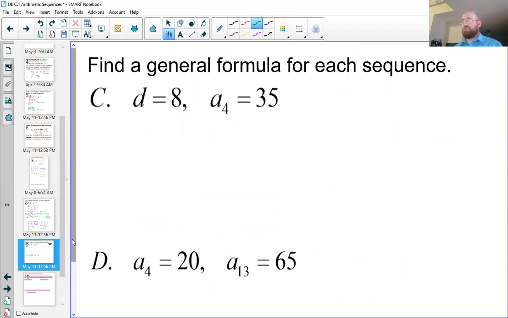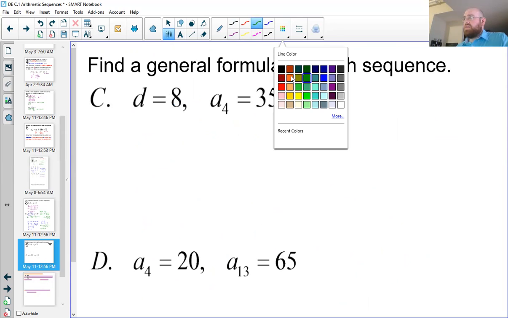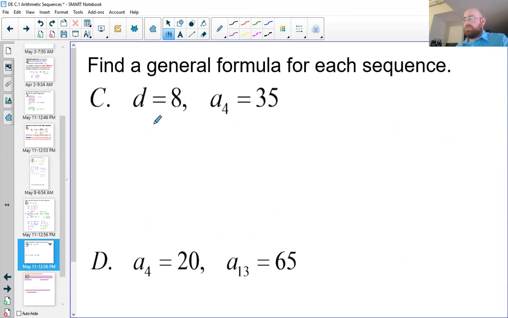So find a general rule for each sequence. In this case, for C, notice that we have already been given our common difference. So we just need to find our first term. So AN is equal to A1 plus D times n minus 1. We know that when n is equal to 4, an, or a4, is equal to 35.